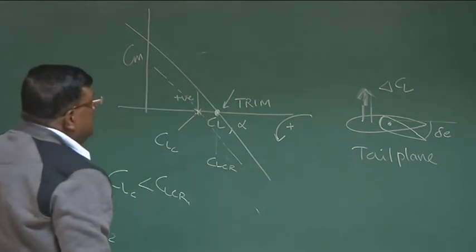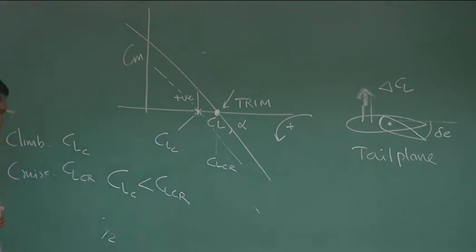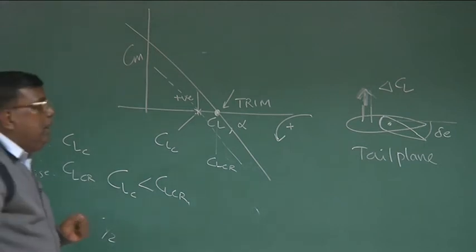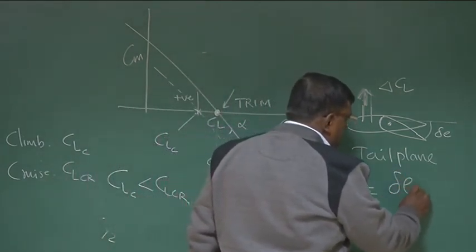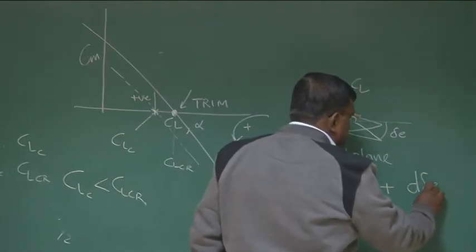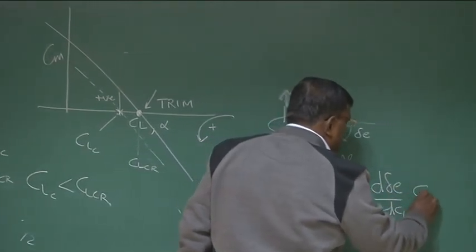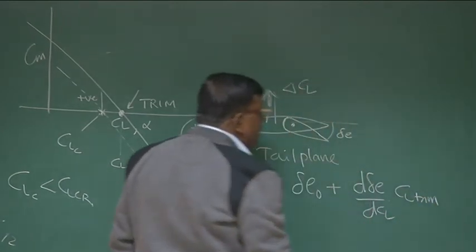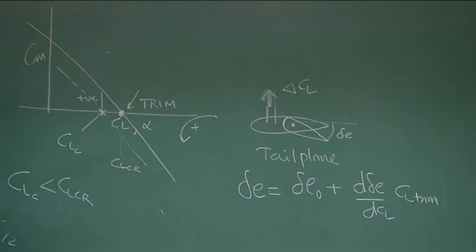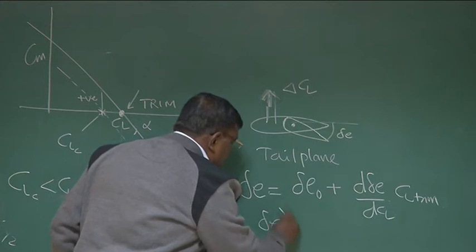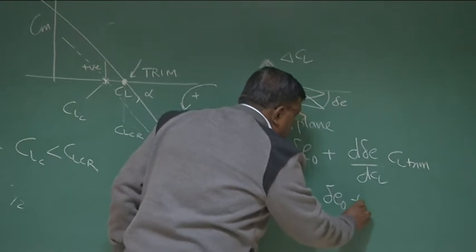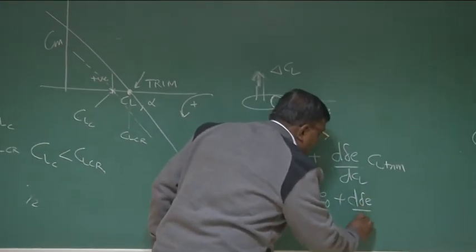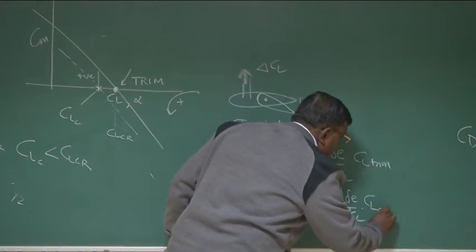Okay, this is clear? Now the question is, how do I know what elevator is required? And we know that. For that we have devised a relationship, which is delta E naught plus d delta E by dCL into CL trim. So if I want to know the delta E required for climb, I write delta E during climb will be equal to delta E naught plus d delta E by dCL into CL climb.